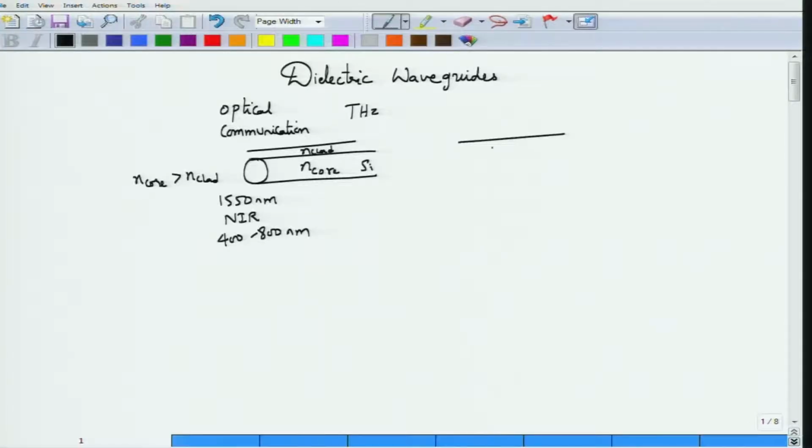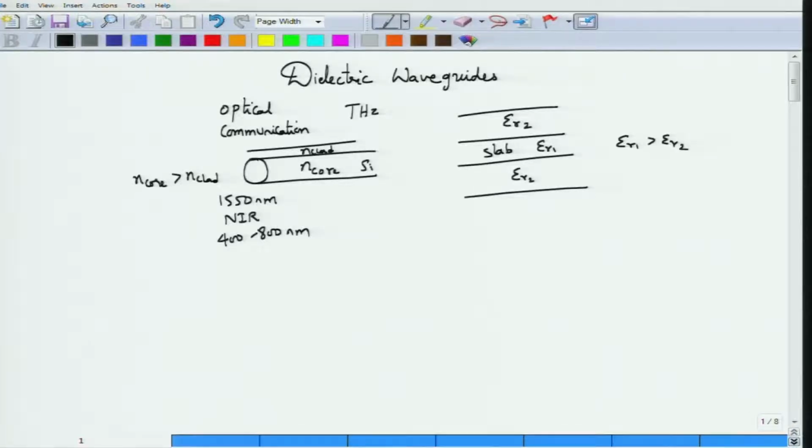The simplest one is called a slab waveguide, which consists of a certain material having relative permittivity epsilon r1, surrounded by a different medium of permittivity epsilon r2. If you want the wave to be confined inside this slab, then one has to choose epsilon r1 to be greater than epsilon r2.